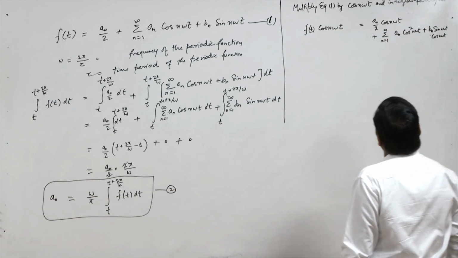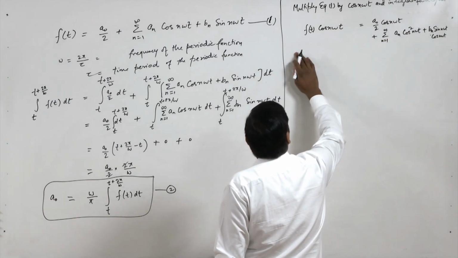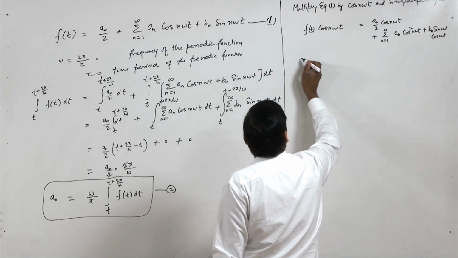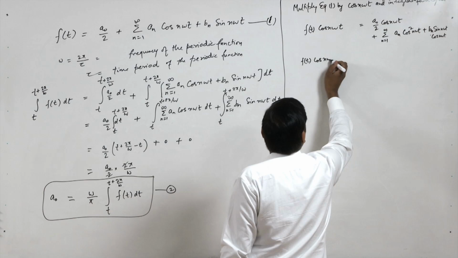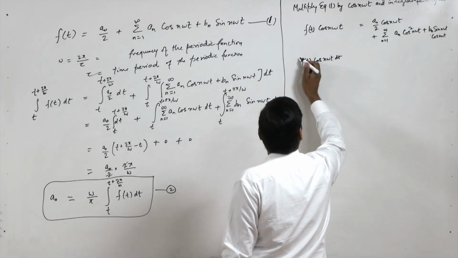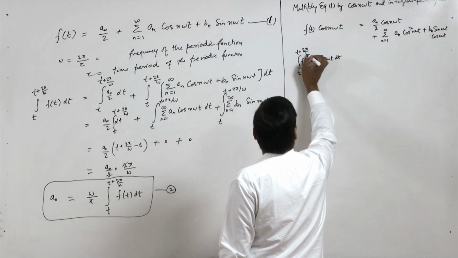So this is what we get by multiplying with cos n omega t. Now we have to integrate for one cycle, t to t plus 2 pi by omega.